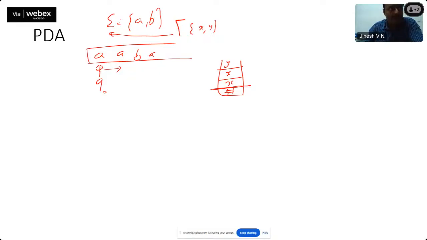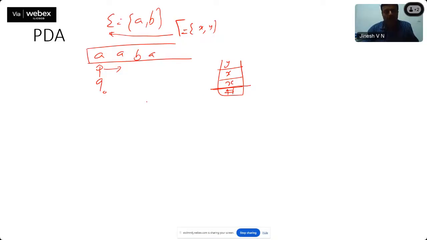Sigma represents input symbols, that means the alphabet of your language, and tau represents stack symbols, or the language of the stack. And what are the symbols you are using to push into the stack? That's X comma Y. These symbols we represent as tau. Then the remaining are all the same.